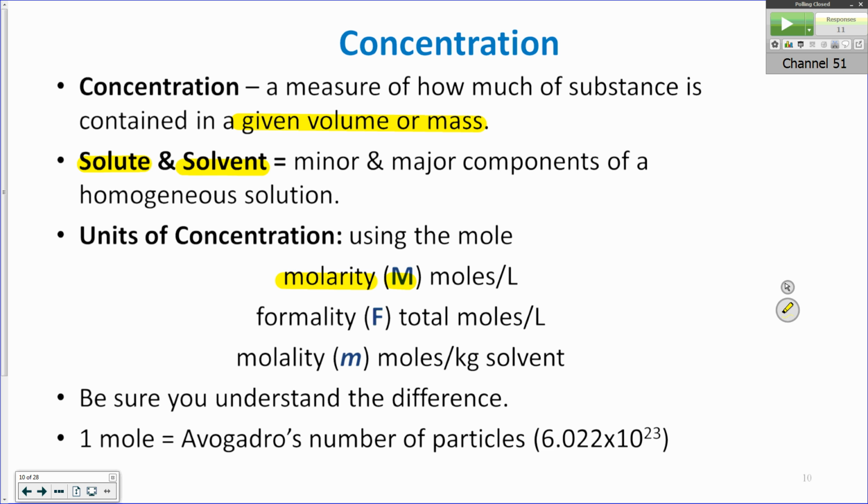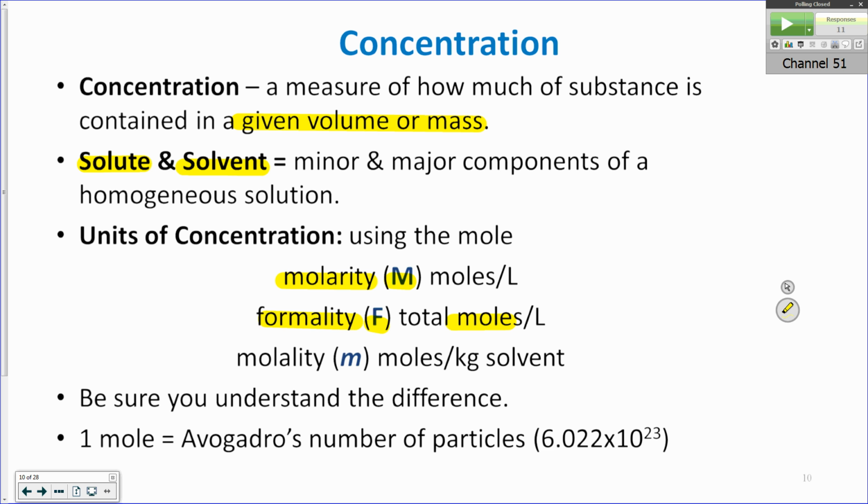Formality is a derivation of molarity where it looks at the number of equivalents per mole. So if you're looking at the number of protons that are given off with a monoprotic acid, molarity and formality are equivalent. But if it were something like sulfuric acid, where there are 2 protons per mole, the formality would be 2 times the molar concentration. That's explained in the textbook.